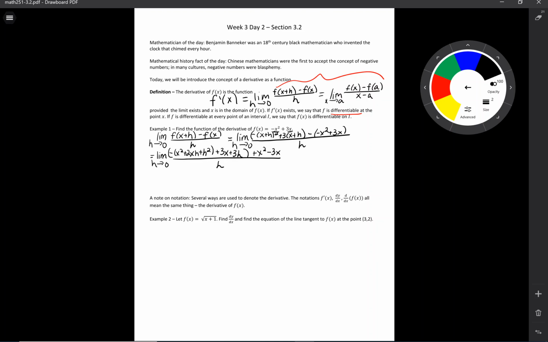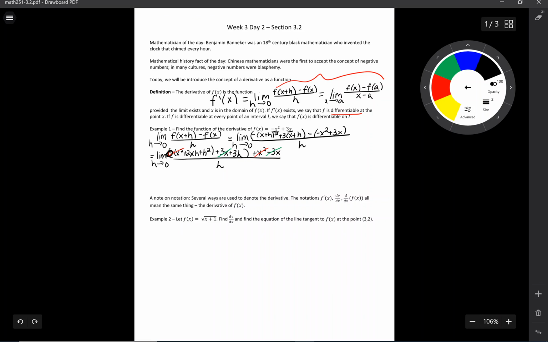Okay, well, now I can cancel some things out. So let's see what I can cancel. I see that this positive 3x cancels with this negative 3x. And I also see that this x squared cancels with this negative x squared. And I think that's all I can cancel.